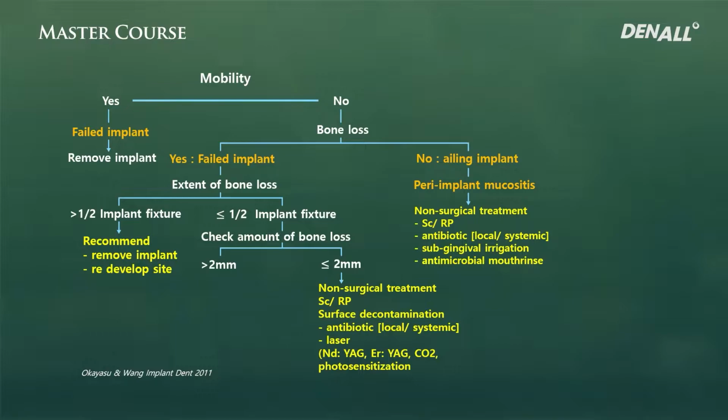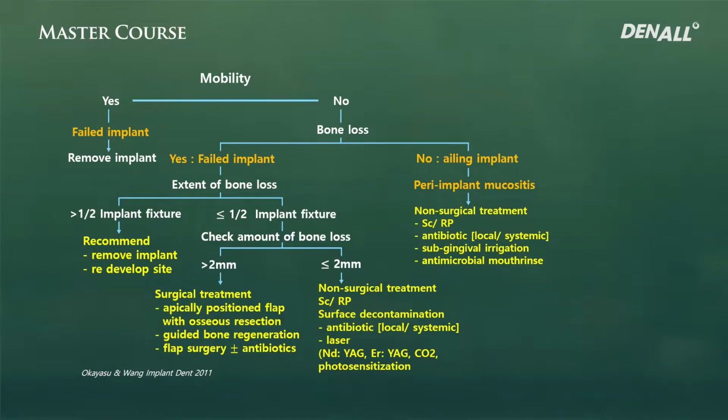If it exceeds 2 mm, say 3, 4, 5 mm, and if the bone loss is less than half that of the implant body, you can use a surgical method and create an environment for simple oral hygiene. Or you can choose to restore it and balance it with the adjacent environment through bone regeneration.